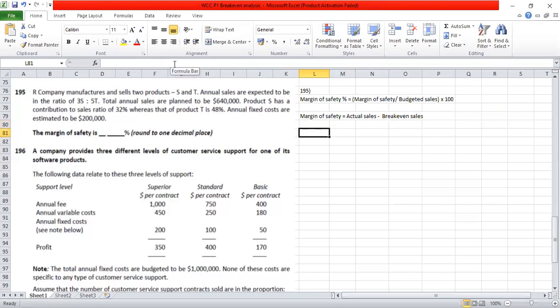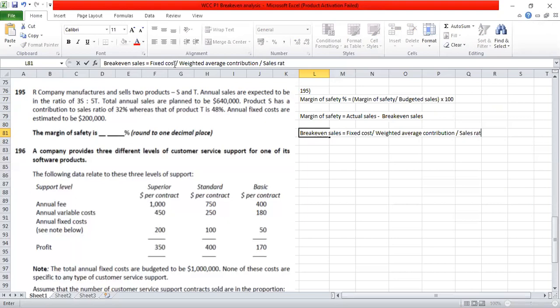Now we know the annual sales, the budgeted or actual sales, are 640,000. What we have to find out is the break-even sales. Break-even sales is equal to fixed cost divided by, because there are two products, the weighted average contribution by sales ratio.